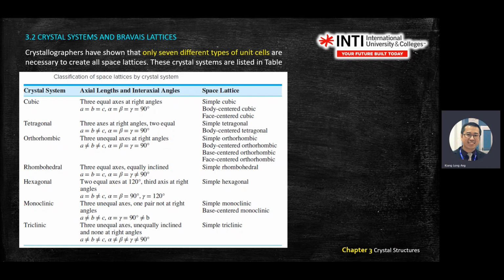There are a lot, but you'll learn some of them. Simple cubic we won't use because it's simple. We will go into body-centered cubic, short form BCC, and face-centered cubic, FCC.